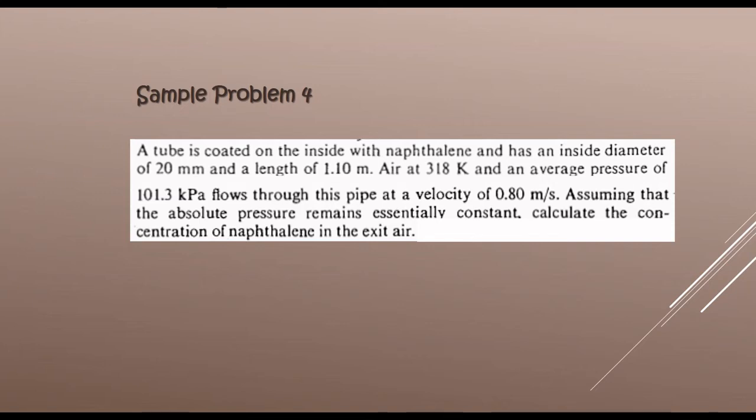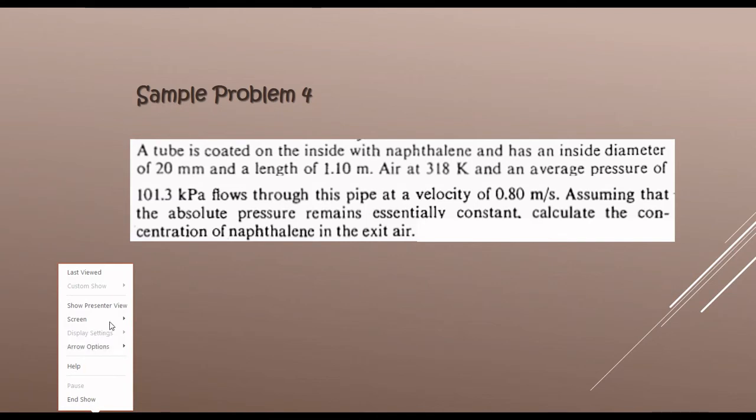So the sample problem is very clear that your air is flowing inside a cylinder. So that would be a pipe. It has a coating of naphthalene. So we expect that the naphthalene coating of the inner part of the pipe will be diffusing to the air that is flowing inside the pipe. So we need to illustrate properly what's happening in this problem so you would fully understand, even though it's just a matter of substitution to a set of formulas.